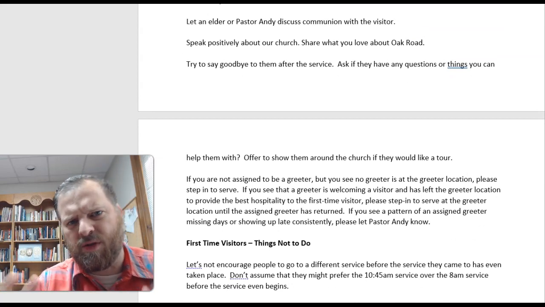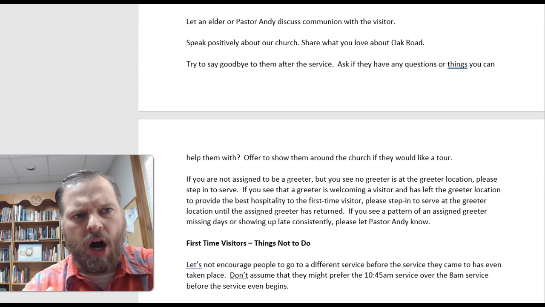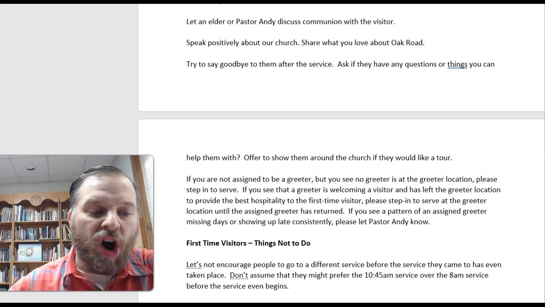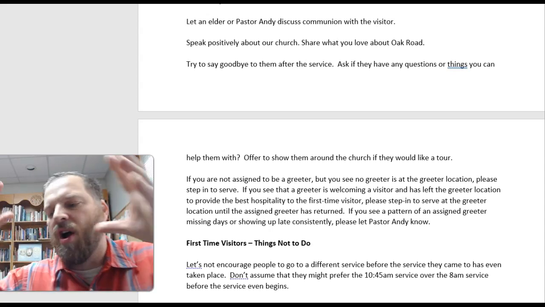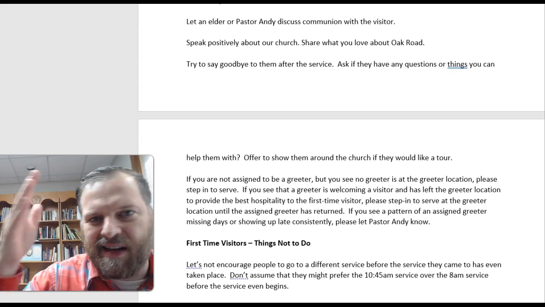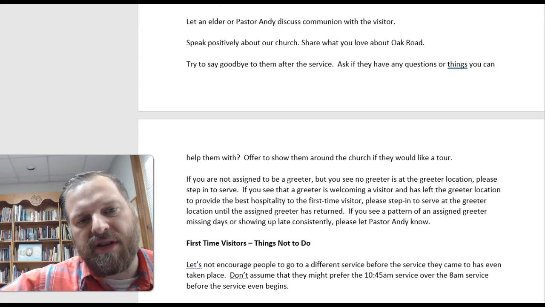I have seen this. We have 2 services. Sometimes a couple may come to the church and they may be younger, right? And I've heard greeters will say, hey, you may like to go to our other service because it's more contemporary, more when there's younger people there. And it's like, well, you're kind of putting down the service that they came to attend before they've even gone through the service, right?